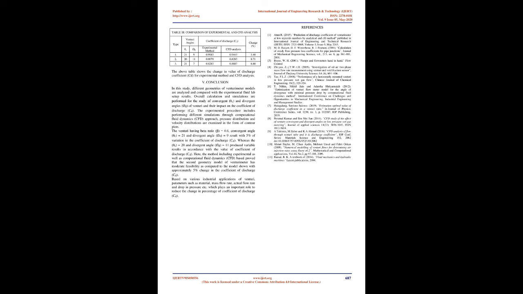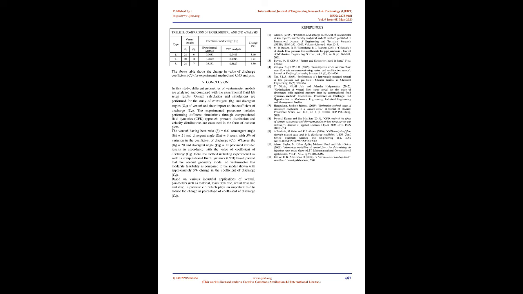V. Conclusion. In this study, different geometries of Venturi meter models are analyzed and compared with the experimental fluid lab setup results. Overall calculations and simulations are performed for the study of convergent angles, θC, and divergent angles, θD, of the Venturi and their impact on the coefficient of discharge, CD.